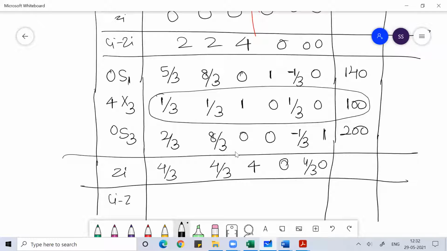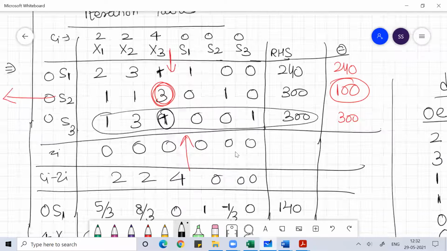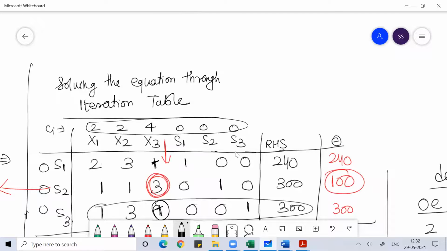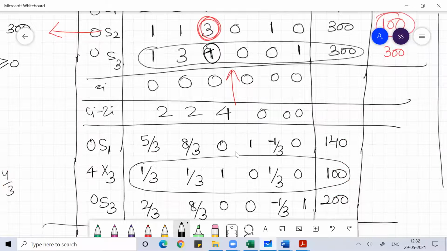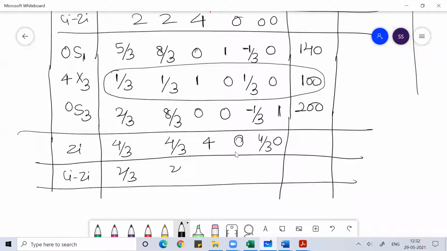Then Cj minus Zj: 2 minus 4 by 3 is 2 by 3. This is a Cj value. 2 minus 4 by 3, again 2 by 3.